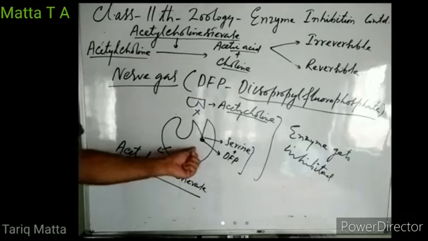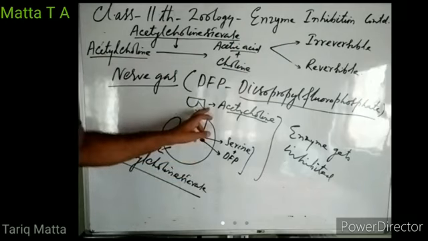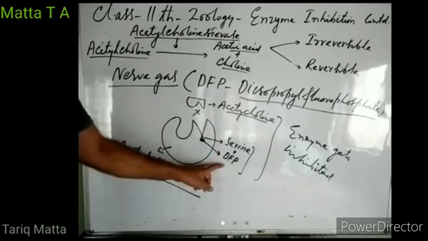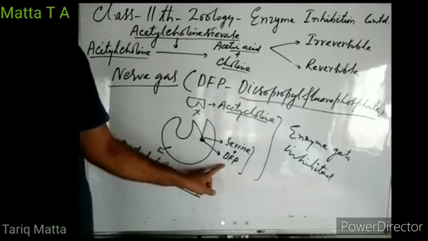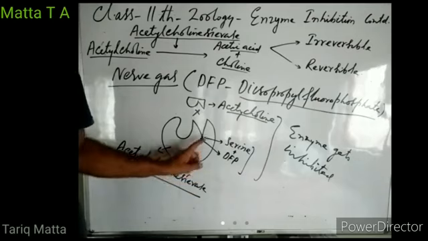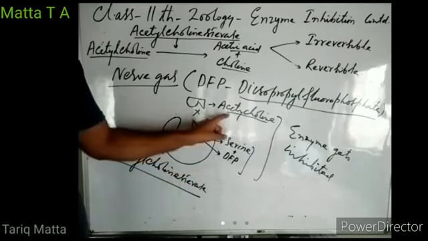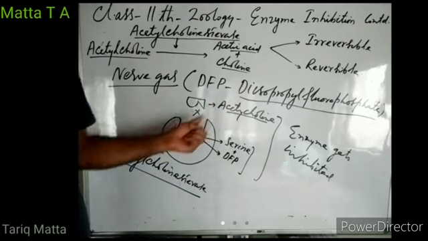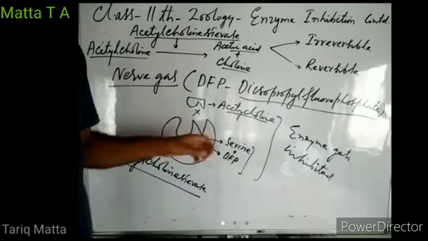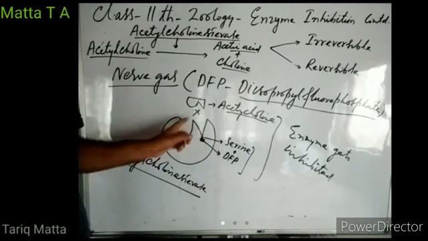Why is it non-competitive inhibition? Because there is no competition between acetylcholine, the substrate, and the inhibitor molecule. The inhibitor molecule just binds to a single amino acid, serine, on the active site, which prevents the binding of the substrate, acetylcholine, to this enzyme, right? So there is no competition for occupying the active site.